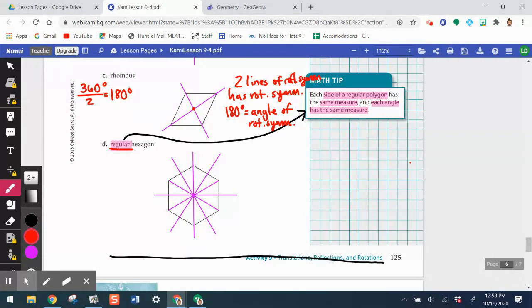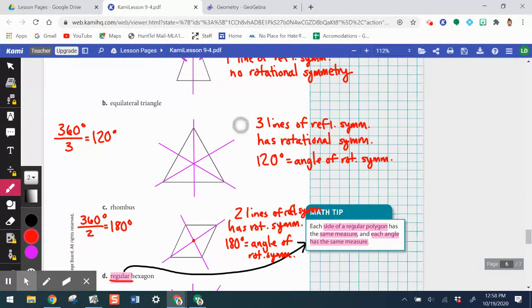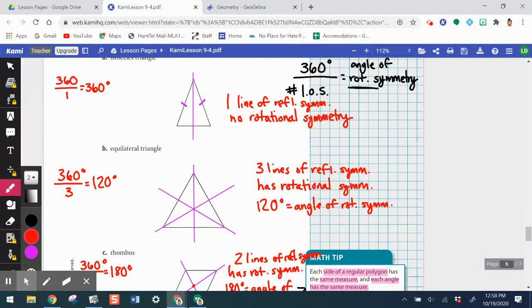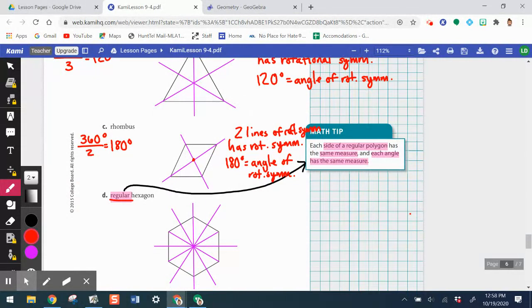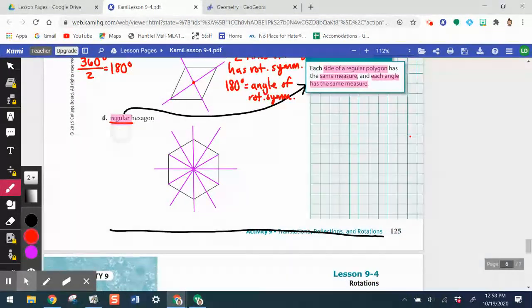And we'll actually learn later on that all of those angle measures are in fact congruent. If you're not picking up on it, there's a reason it needs to be a regular hexagon, because in order for a shape to have reflectional or rotational symmetry, sides and angles have to be congruent to one another. So it's very important that they tell us it is a regular hexagon.